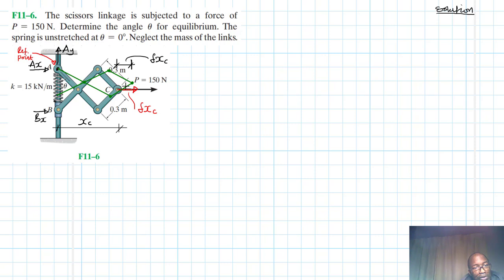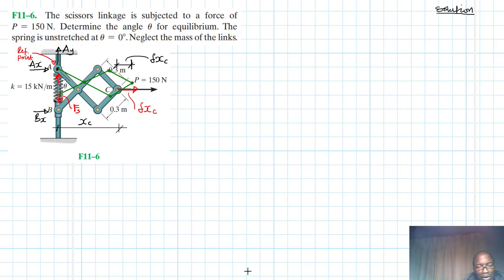Look at the spring, what happens? When we apply a virtual displacement in that direction, the spring gets compressed. So it will have some force in this direction like this. Do you agree? Let's call this spring force Fs.